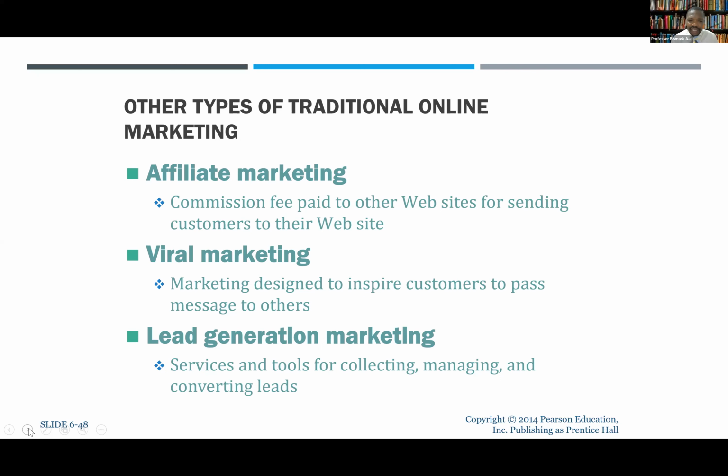Viral marketing is designed to inspire customers to pass messages to others as a form of marketing. Then lead generation marketing: services and tools for collecting, managing and converting leads, which will turn into sales.